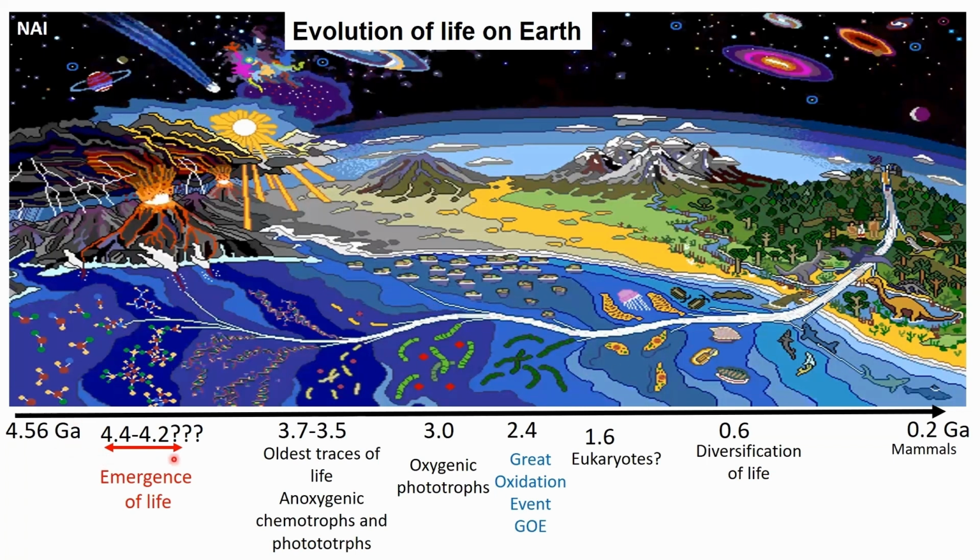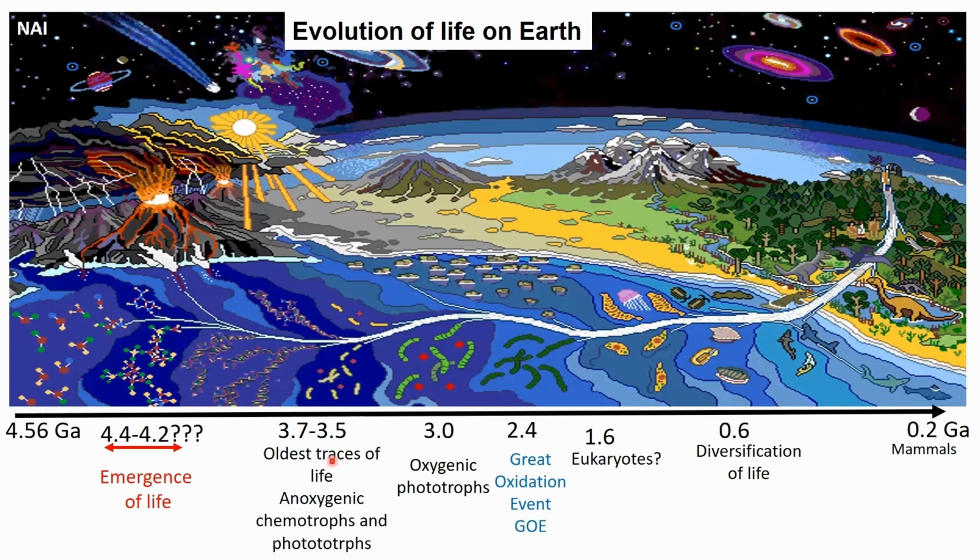So we have the emergence of life somewhere between 4.4 and 4.2 billion years ago, whenever there was liquid water at the right temperature. The oldest traces of life known are not the first traces.